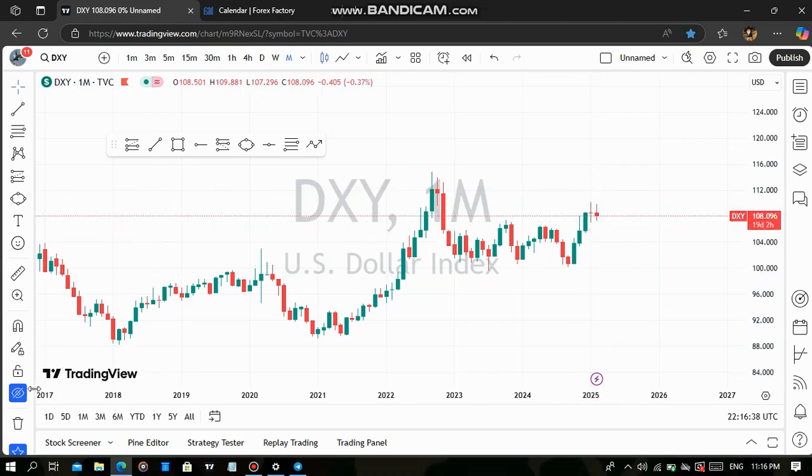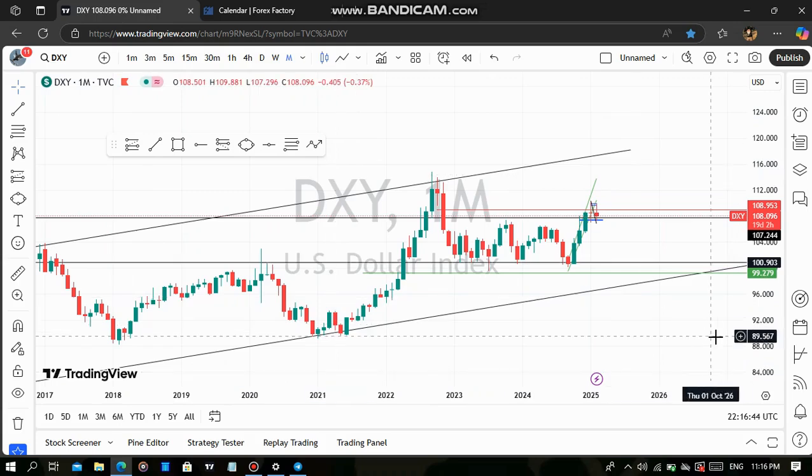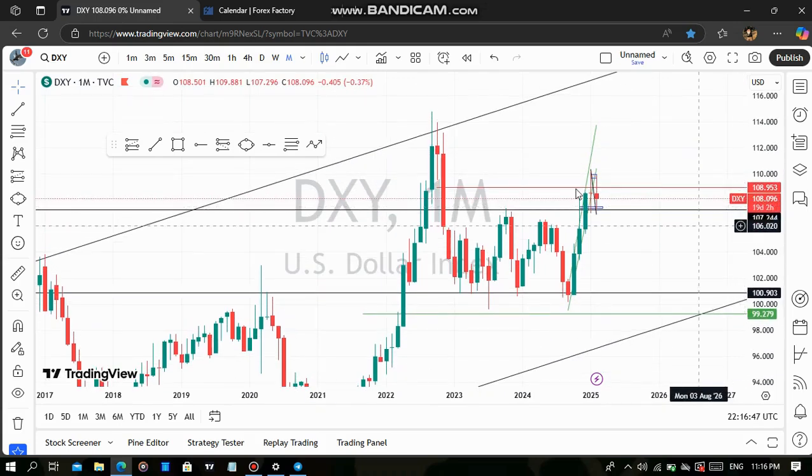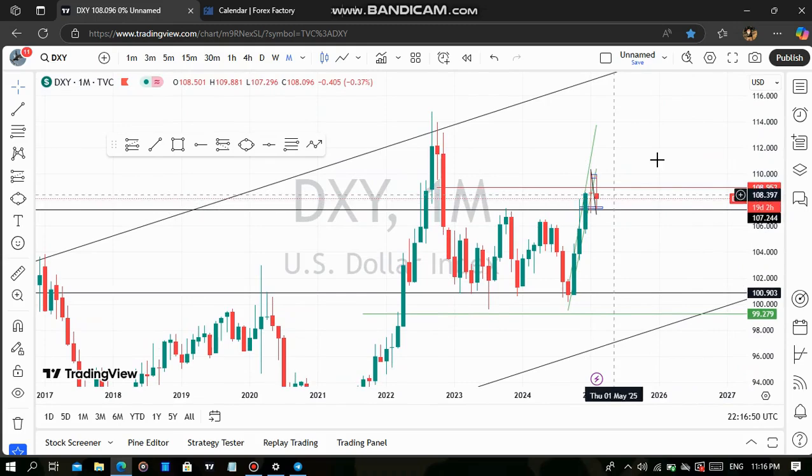Let me bring out my drawing tools now. This is indecisive, meaning for me, what this candle is telling us is that we can see the US dollar either buy or sell throughout this month. It's either buy or sell.